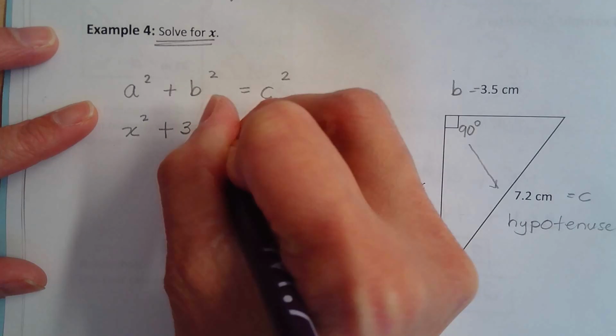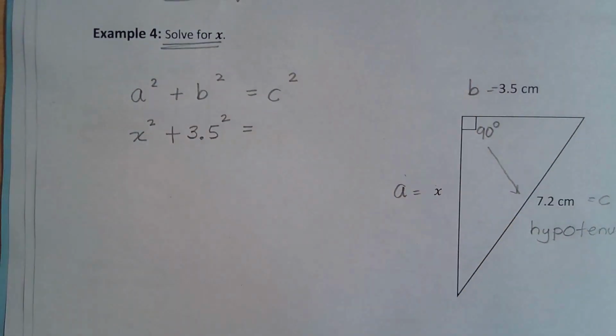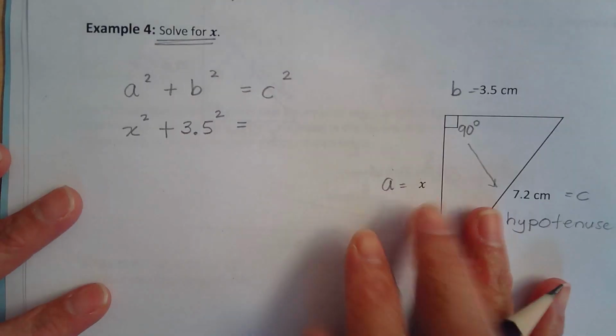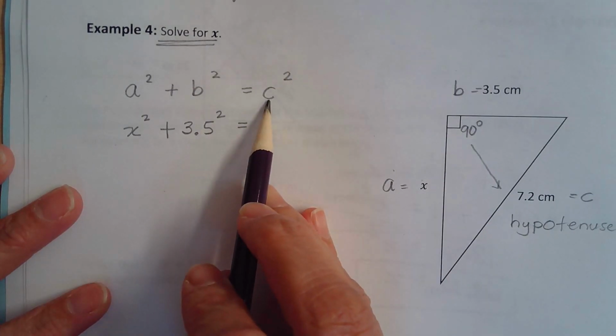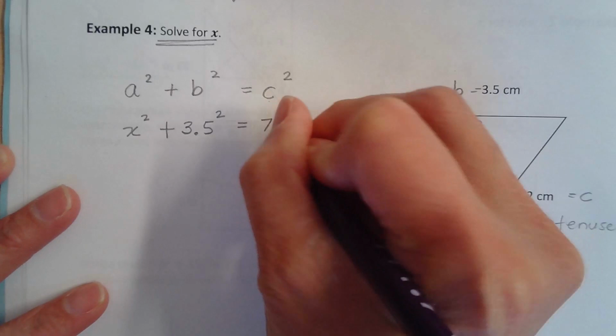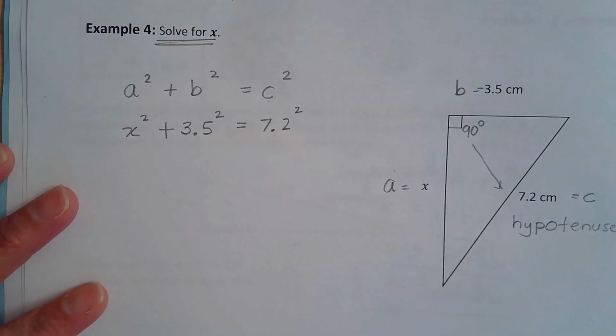Okay, so 3.5 squared, exponent 2, equals, and then I have to replace the c with 7.2. 7.2 exponent 2.